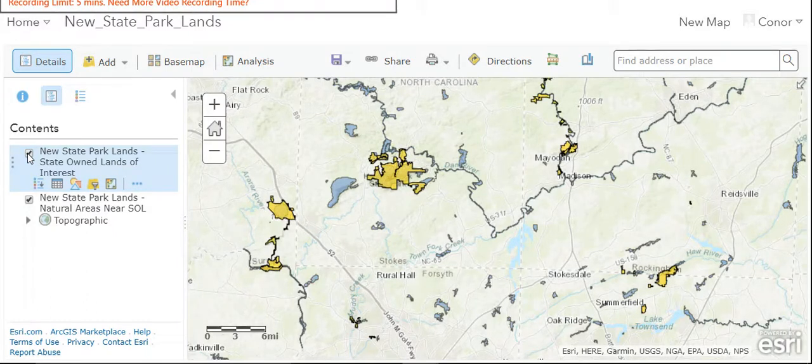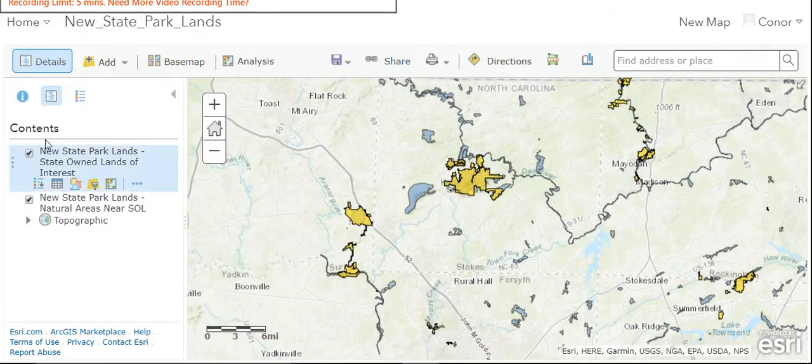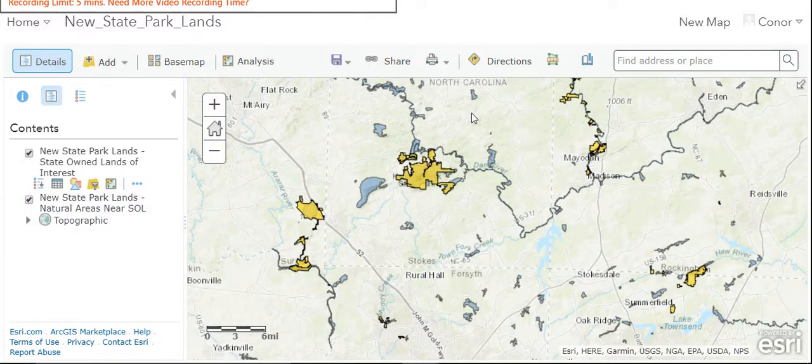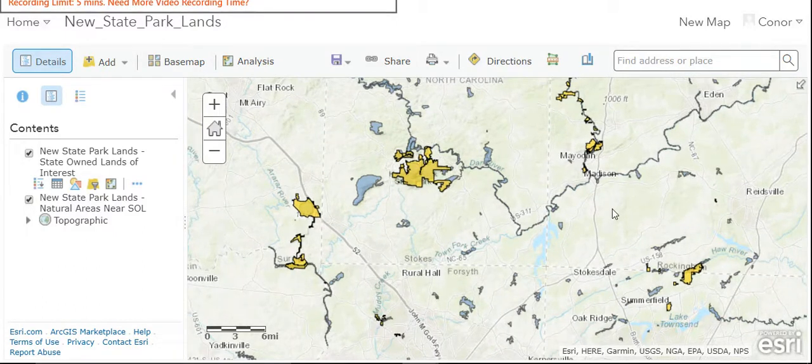The question this map currently shows is what natural areas are within 1 mile of current state parks. To get to this point, I got the data set of state-owned lands. I narrowed that down by selecting only state-owned lands that were greater than 75-acre plots, only owned by the Department of Agriculture, Natural Resources, or DEQ.